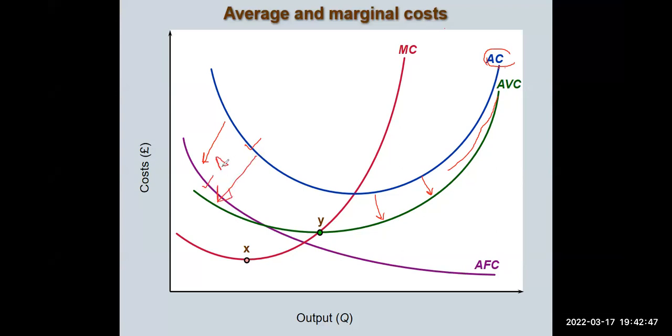It is AFC, average fixed cost. And this average fixed cost, you can see here, it is continuously falling. So this distance between them is squeezing.